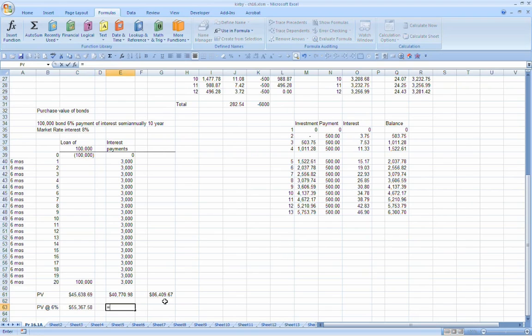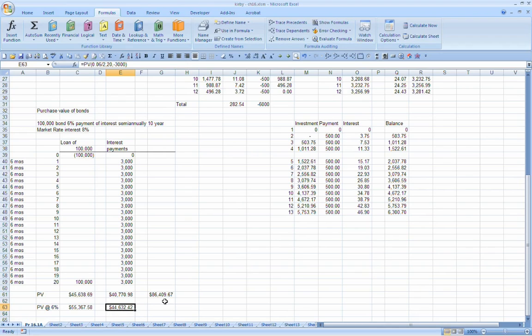The present value of that stream of annuity, that annuity of $3,000, present value of 0.06 divided by 2, because there's 2 payments per year, 20 periods. My payment is minus $3,000, and I don't know my future value, comma.